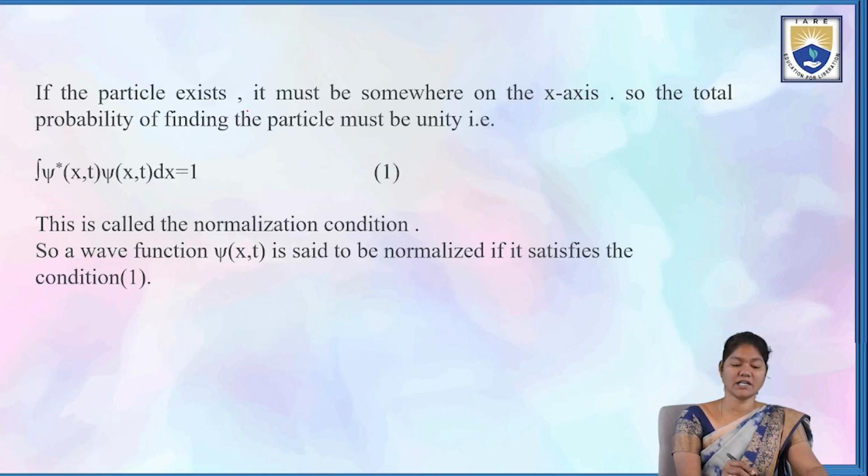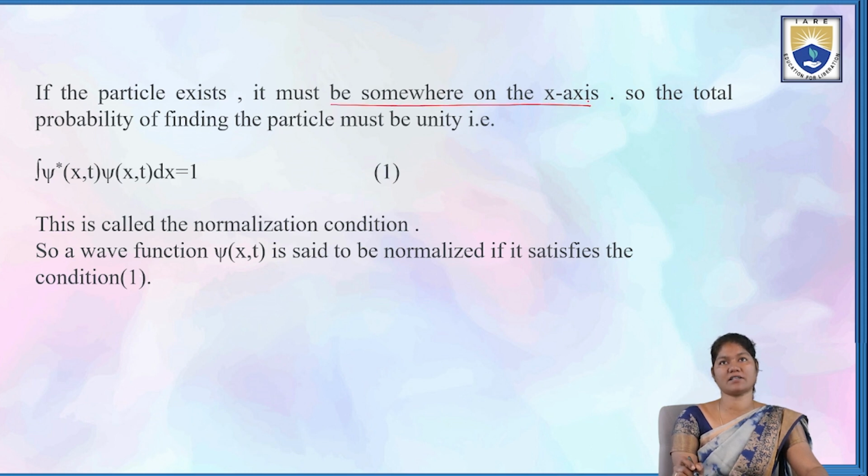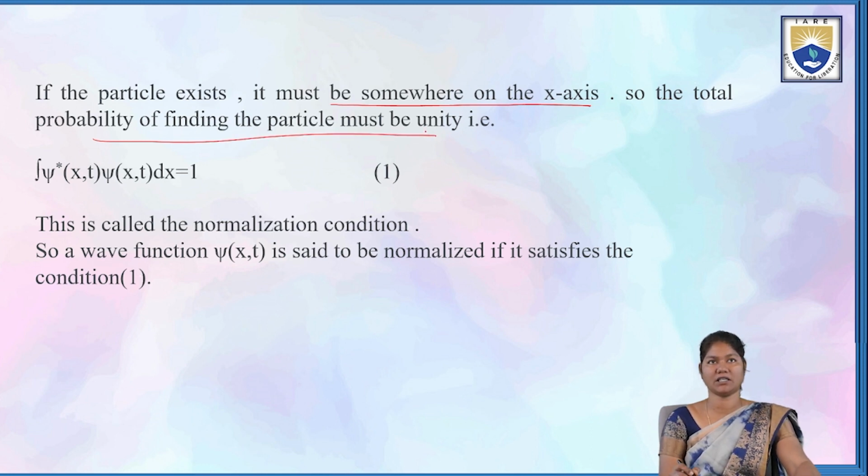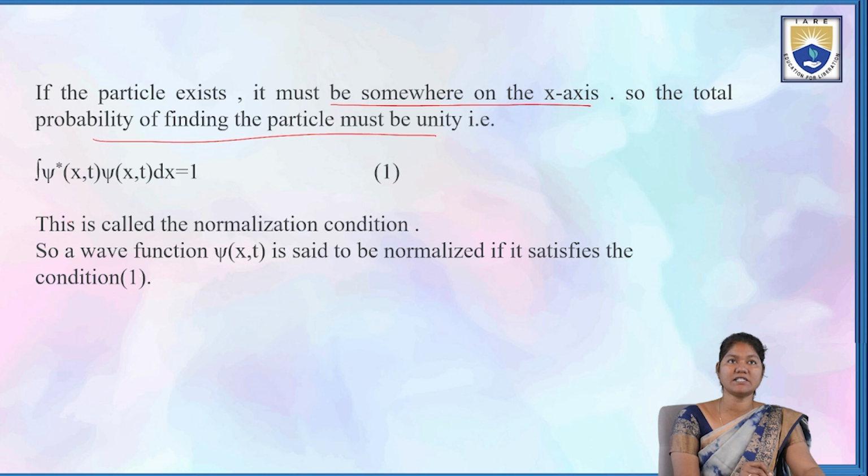If the particle exists, it must be somewhere on the axis x. So the total probability of finding the particle must be unity. That is, the integral of ψ*(x, t) ψ(x, t) dx is equal to 1. This is called the normalization condition.